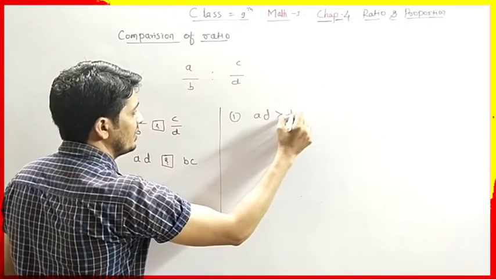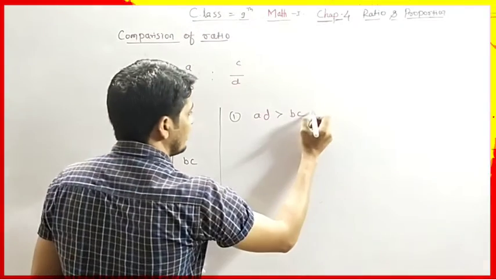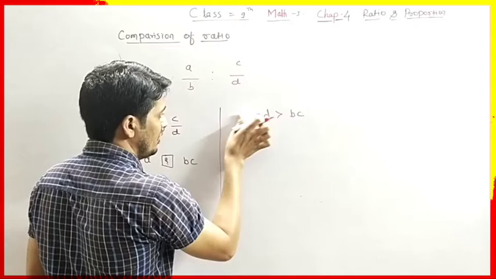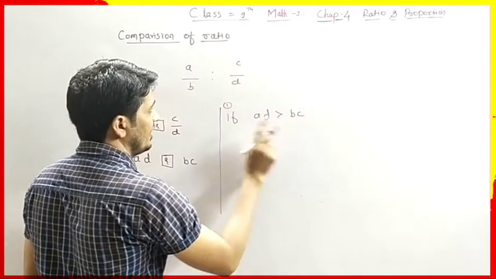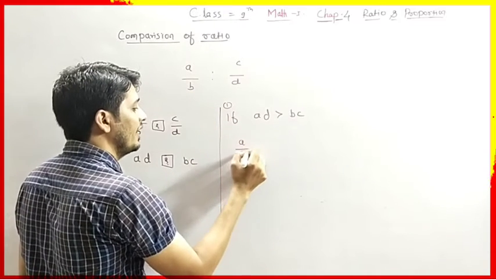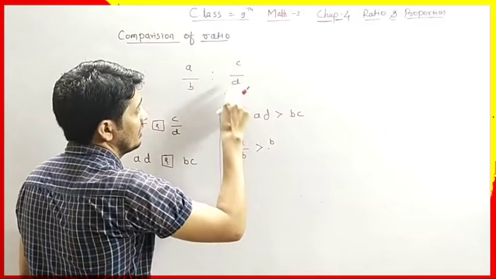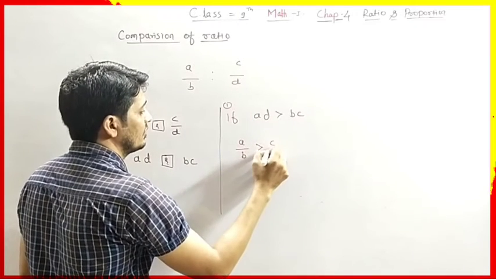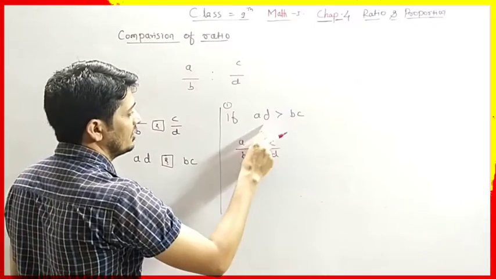If AD is greater than BC, then we can write A divided by B is greater than C divided by D. Okay, you have to remember this part.